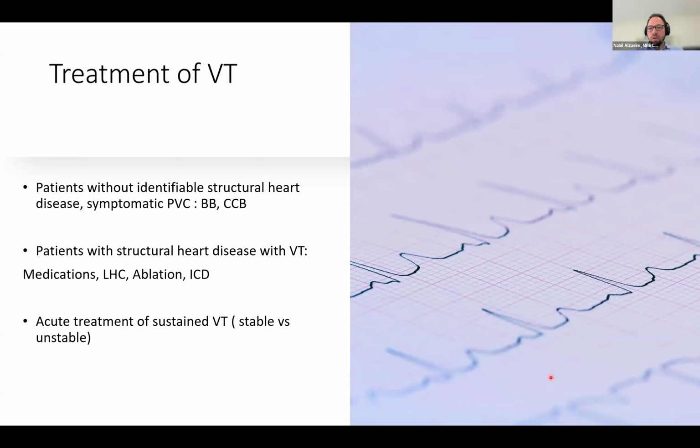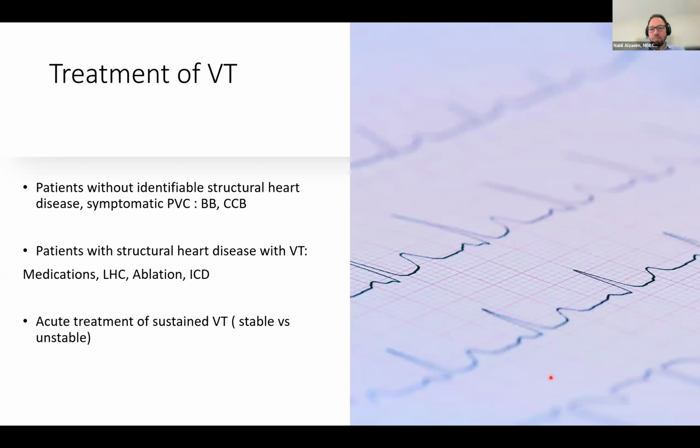Patients with structural heart disease, such as ischemic cardiomyopathy, may present with VTAC and should be considered for angiogram or heart cath for revascularization if they have any significant CAD. If they have recurrent VTAC or ventricular tachyarrhythmia despite beta blocker and antiarrhythmic medication, catheter ablation may be considered.